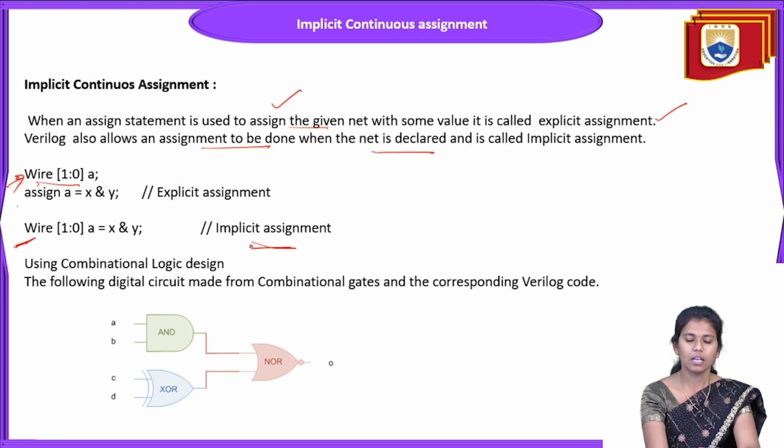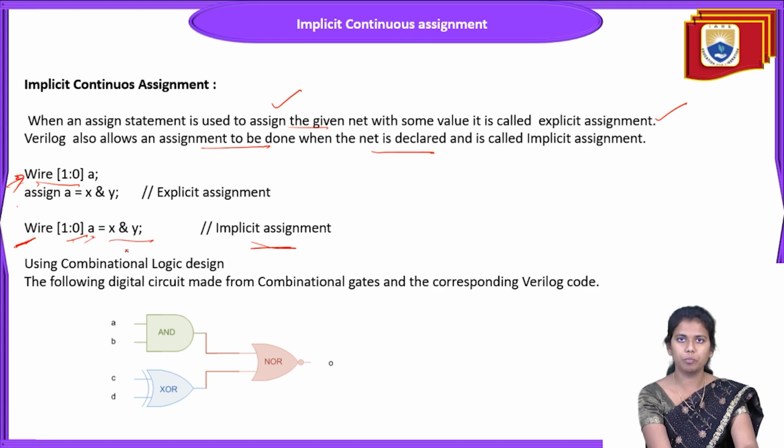Whereas in implicit, it is directly a net declaration with a delay, with respect to the input, giving the output.